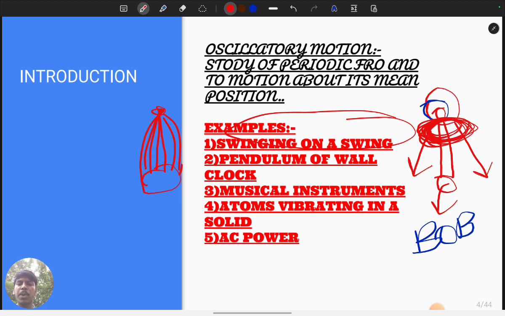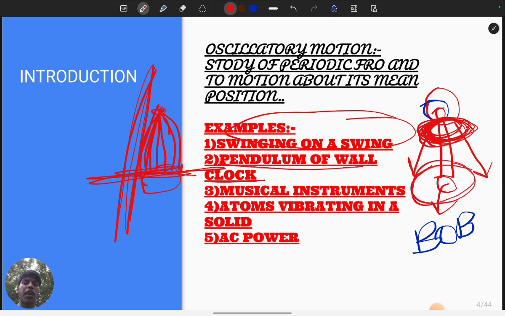I don't know how to draw, so I draw it roughly. It goes back and front, front and back. So this is to and fro motion about its mean position. When the body is left at rest, it is said to be in equilibrium position or mean position.